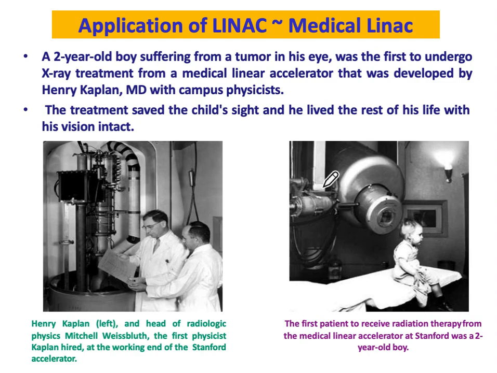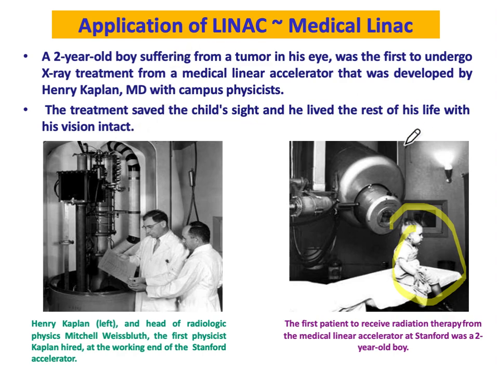The first patient of this linear accelerator was a 2-year-old boy who received radiation therapy from the medical linear accelerator at Stanford to treat his eyesight. He lived the rest of his life with his vision intact.